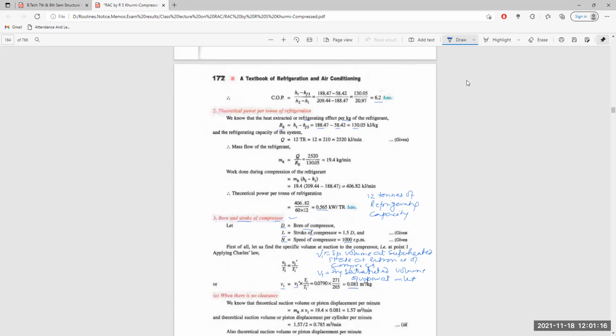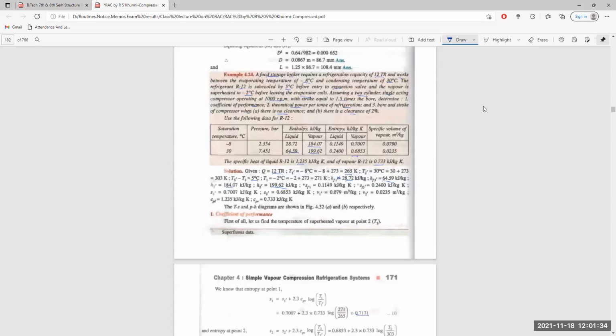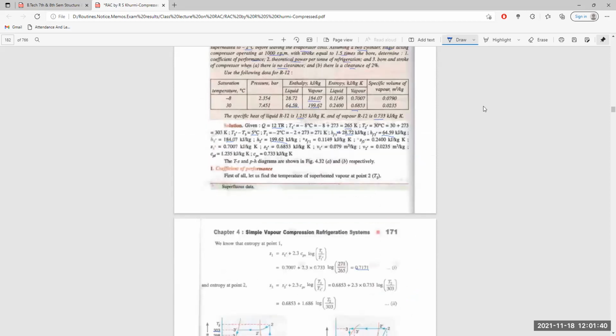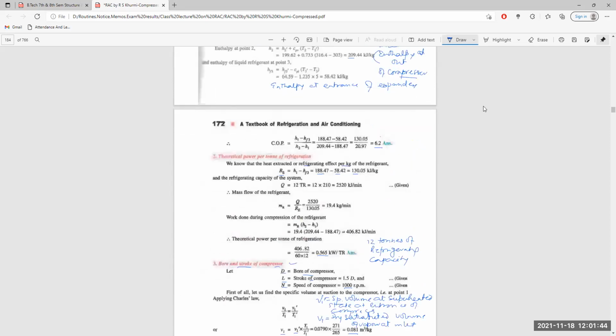So the specific volume of the vapor at the point of theoretical entrance is 0.81 cubic meter per kg.